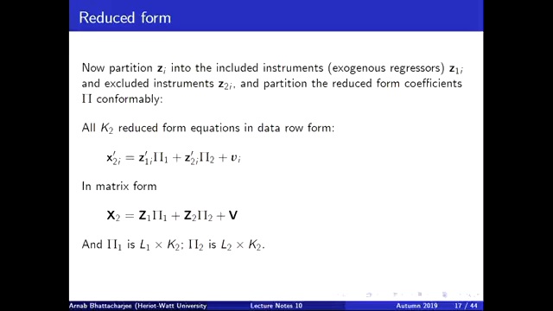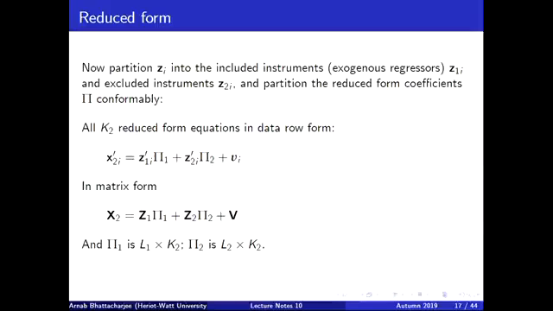Now we are going to start partitioning our Z, like we did before. So what are the regressors and what are the excluded instruments? So we partition Zi into the included instruments, exogenous regressors, and the excluded instruments. And correspondingly, we are going to also partition this pi matrix conformably.